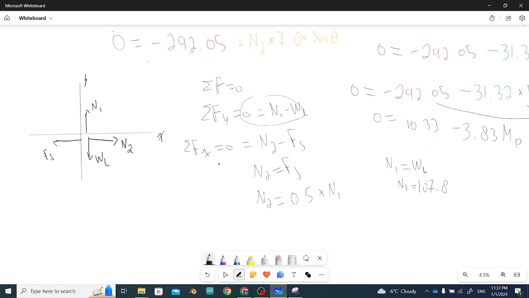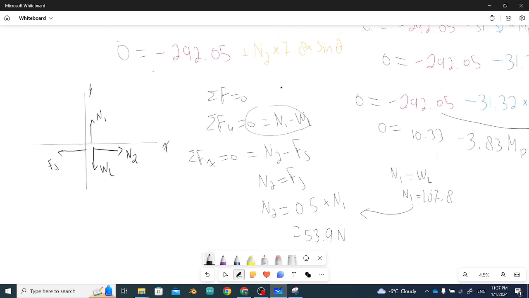Then we plug that back in here and divide by 2, so this would be 53.9 newtons. Now that we have this, we plug it back in here, and then we isolate for theta. So this will be 53.9 times 7.8, then negative 292.05, divide that here. Then take the inverse sine.